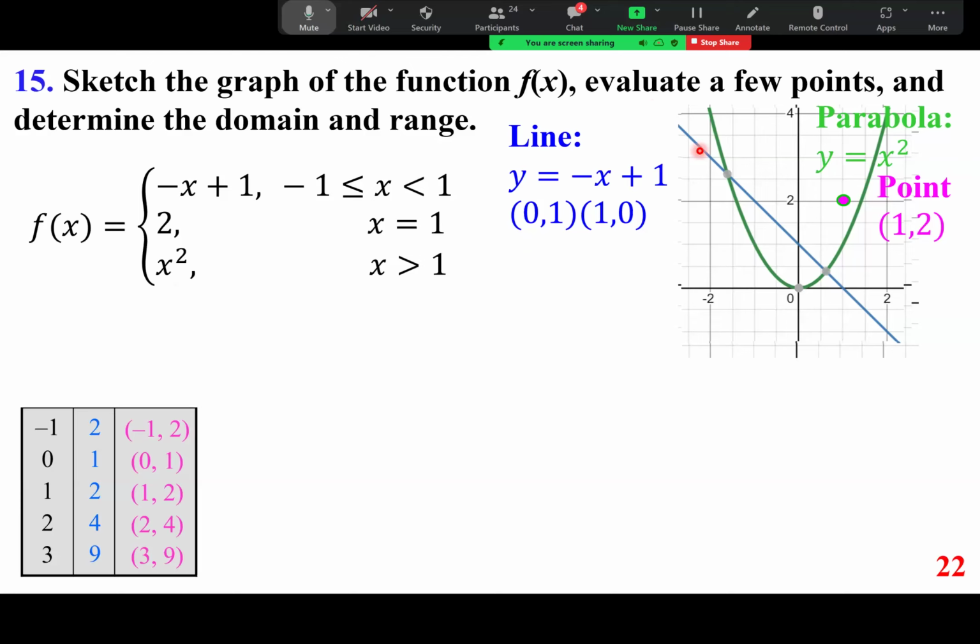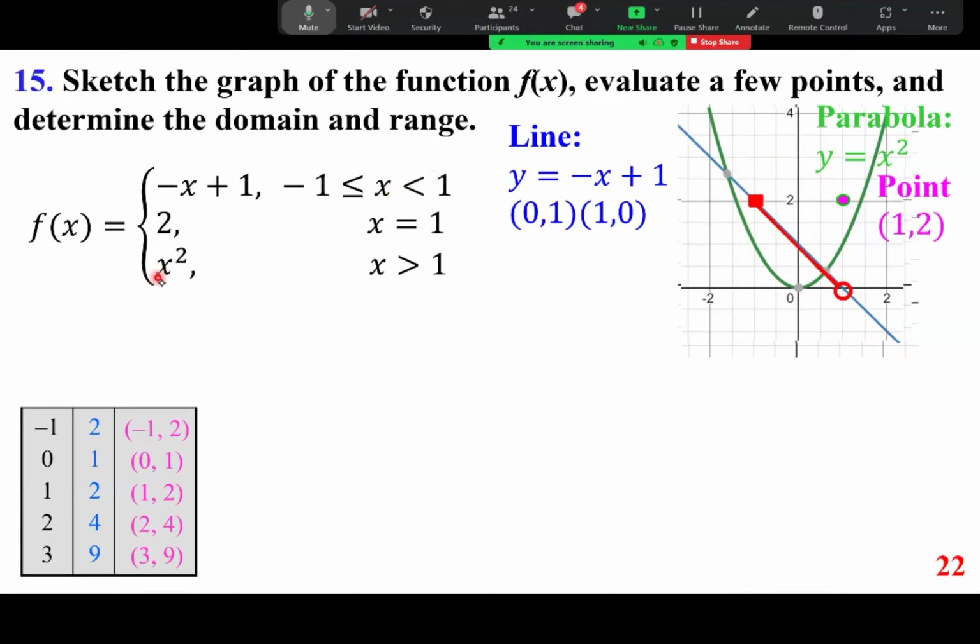This is good. The line is good from -1 to 1. And please understand, this is -1, this is 1. So from -1 to 1, and at 1, we don't have the equality, it's not good. At 1, we get this point. So this portion of the line is the only portion we need.